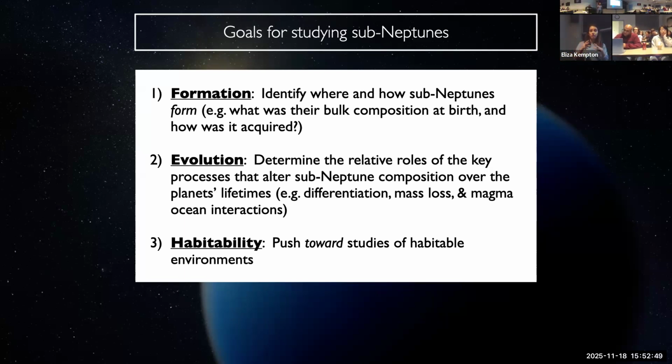They are smaller and often cooler than the hot Jupiters, which have been kind of the early targets of atmospheric characterization studies, because those are the highest signal to noise, the easiest targets to do atmospheric studies for. But now we're pushing towards these smaller, cooler objects, which is eventually going to step us all the way towards characterizing habitable environments. Along the way, maybe some of the sub-Neptunes themselves present habitable environments. I'm not going to talk too much about that today, but feel free to ask in the question session.